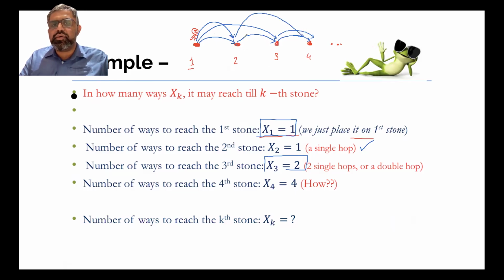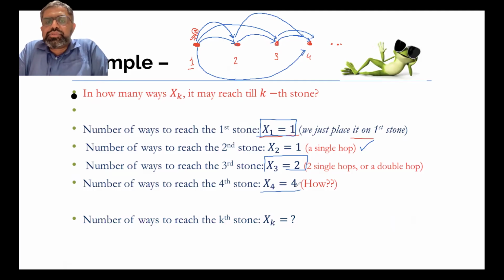So this is the third way. Or I can draw it on the other side. It can skip two stones and directly reach stone number 4. So there is one way, 2, 3, and 4. There are 4 ways it can reach from stone 1 to stone number 4.